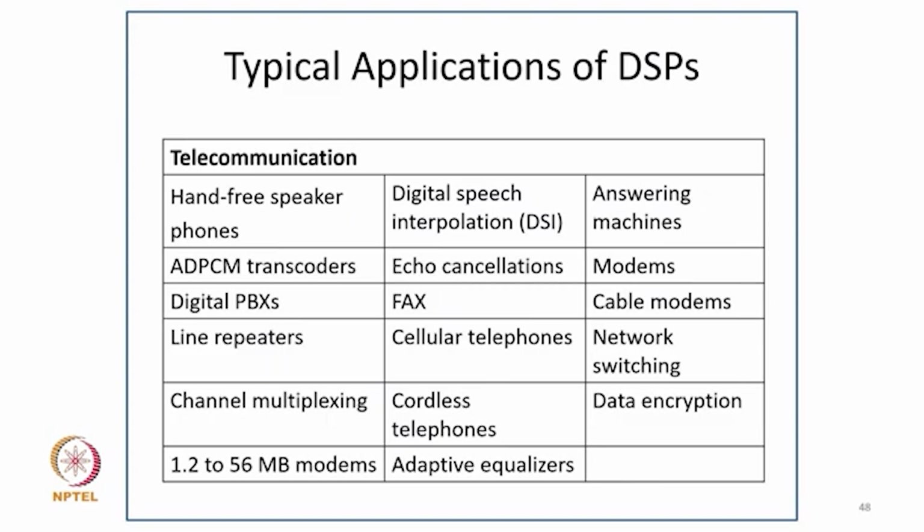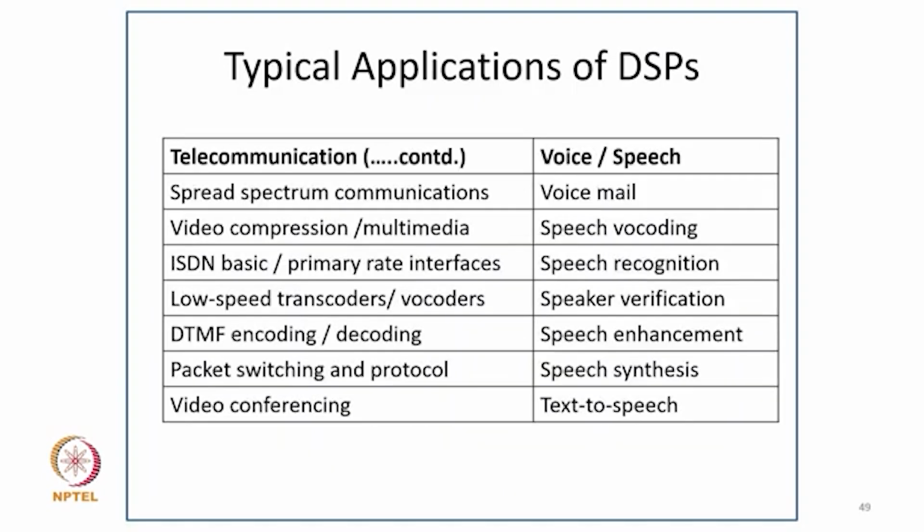In telecommunication, it is hands-free speakerphone, ADPCM transcoder, digital PBX, line repeater, channel multiplexer, 1.256 MB modems, digital speech interpolation, DSI, echo cancellation, fax machine, cellular telephone, cordless telephone, adaptive equalizers, answering machine, modems, cable modems, network switching, and data encryption.